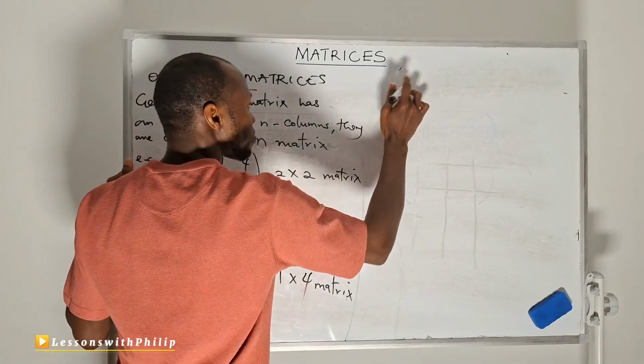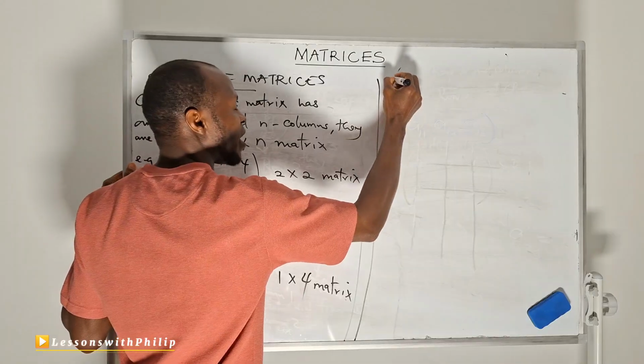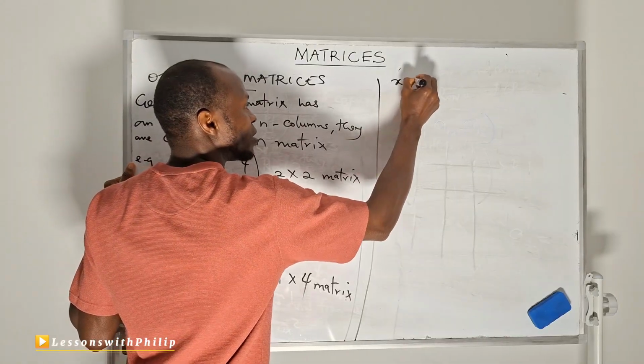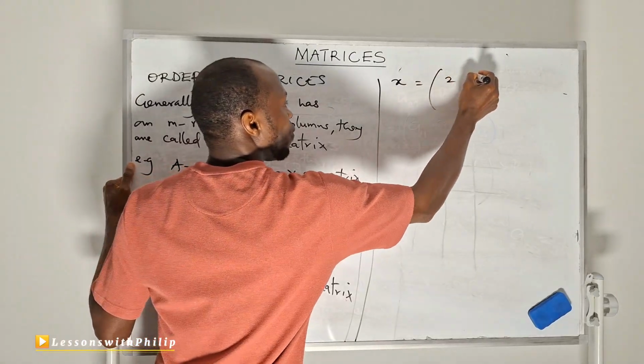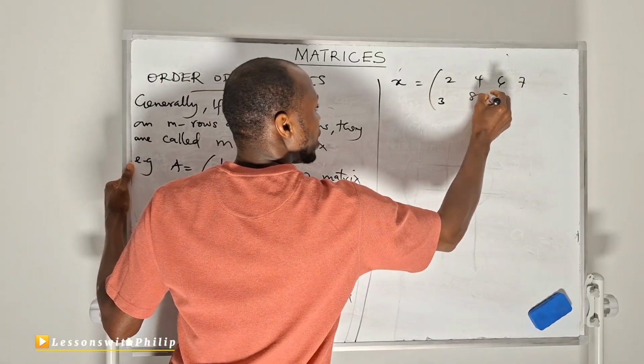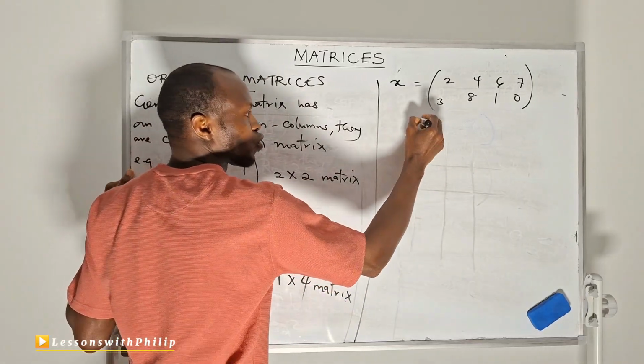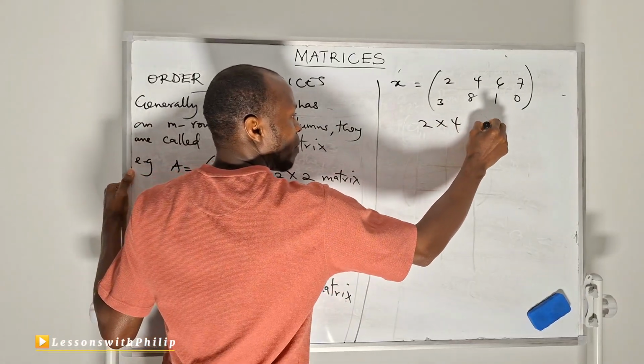Let me do more examples because of this mistake here. Okay, if I have a matrix like this, x equals 2, 4, 6, 7, 3, 8, 1, 0. What is the order of this matrix? The order of this matrix is 2 by 4 matrix.